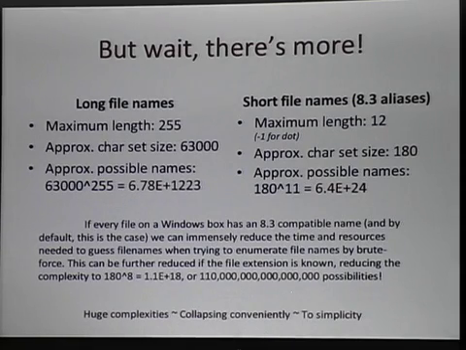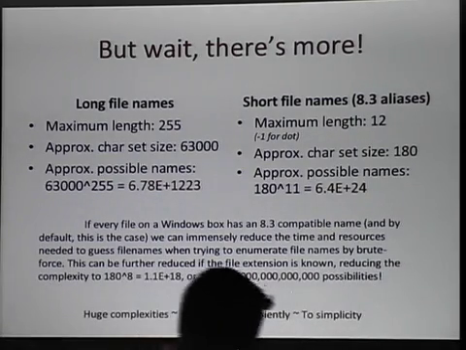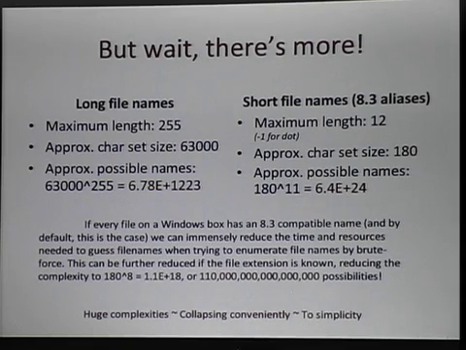This slide is a little complicated. I'm going to skip over a lot of this, but basically, the set of long file names possible on Windows systems is a number which doesn't fit readily on a slide, so it's in scientific notation here. The set of short file names possible is much, much, much smaller.